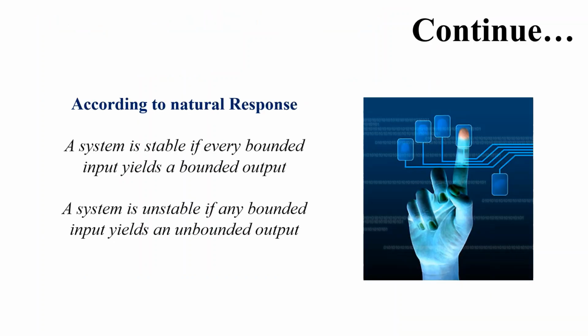So if we talk about the definition of stability, then according to natural response, stability can be defined as a system is stable if every bounded input yields a bounded output. A system is unstable if any bounded input yields an unbounded output.